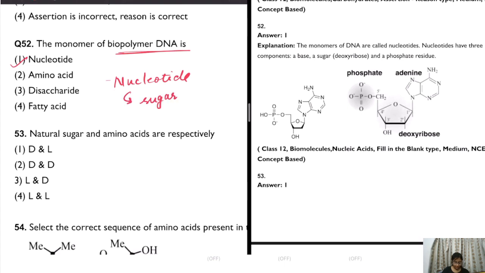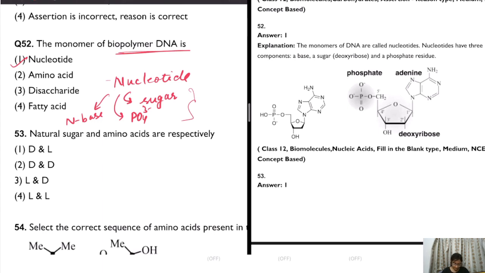Since it is DNA, it will contain deoxyribose sugar. Then a phosphate group and a nitrogenous base. Okay? Nucleoside is different from nucleotide. These are the groups that the nucleotide has.